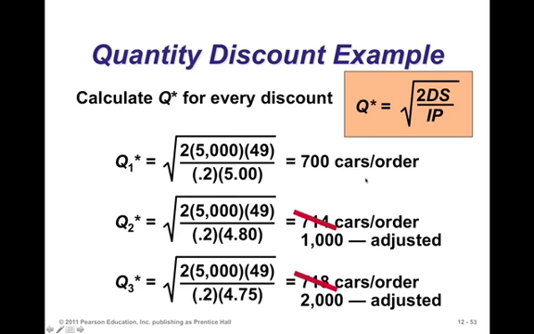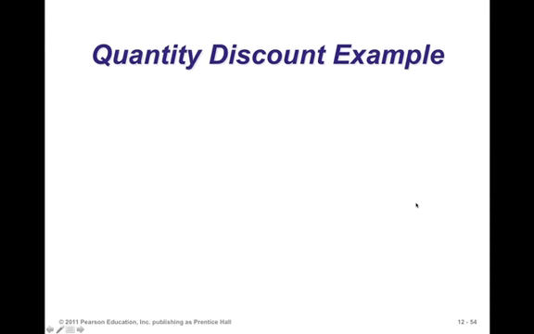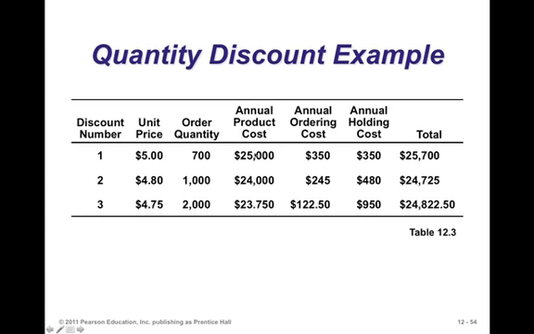So now let us look at the cost of the 700 units, which is 25,700, and say, how did we get that? Well, you go back to the total cost curve. We must determine your annual product cost, so the demand multiplied by the unit price will give you this. What's your annual ordering cost?